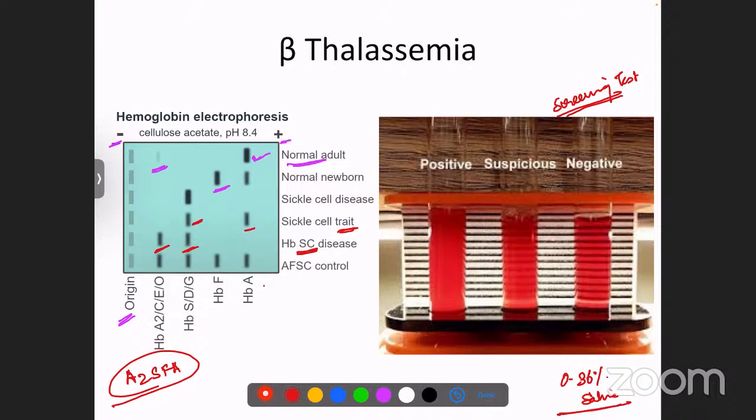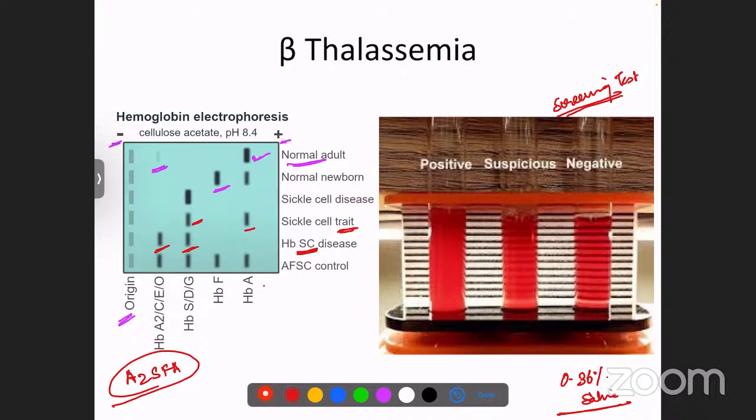What happens if there is complete hemolysis within 5 minutes? It is negative, because thalassemia RBCs will be resistant to hemolysis. If the sample remains turbid, it means it is positive. If it is half turbid and half clear, it is suspicious. If complete hemolysis happens, it is negative.